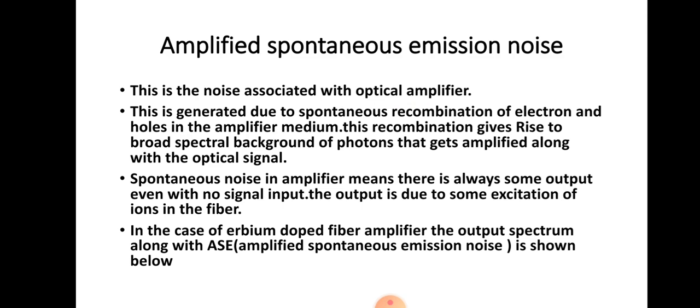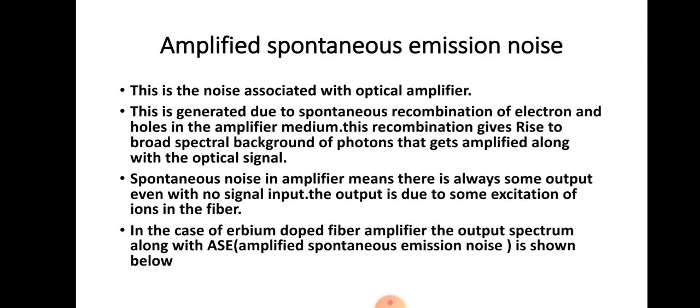We know that in a PN junction, when spontaneous emission occurs, the electrons recombine with the holes, so that the energy is lost in the form of photons. That means there is photon generation when recombination takes place. This spontaneous emission produces the amplified spontaneous emission noise, and these noises are amplified in the amplifier medium along with the original signal.